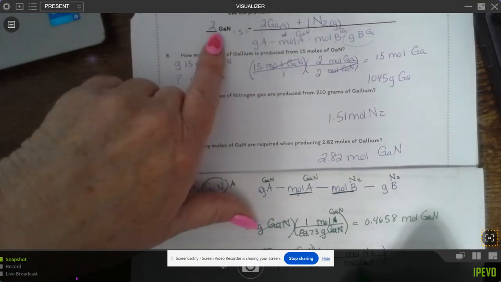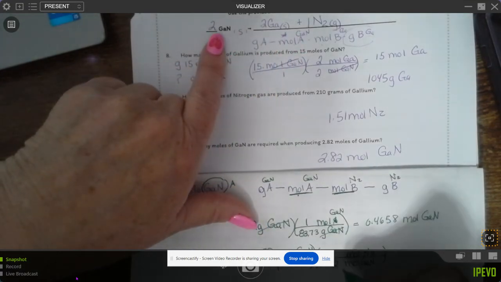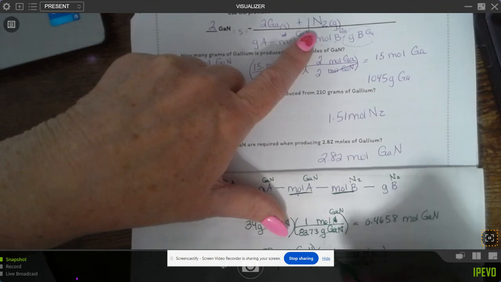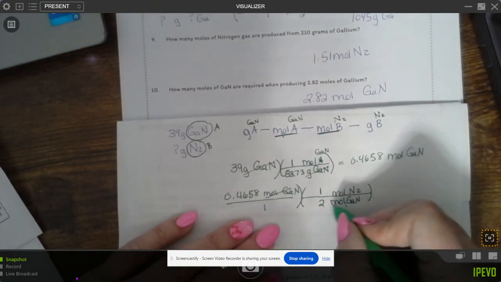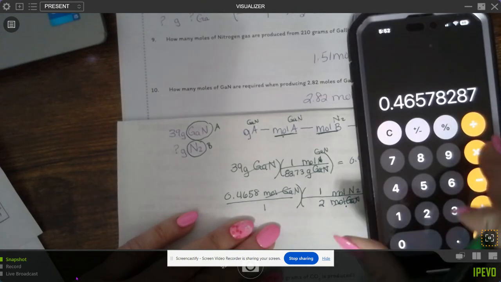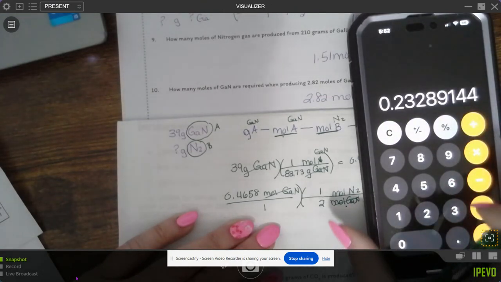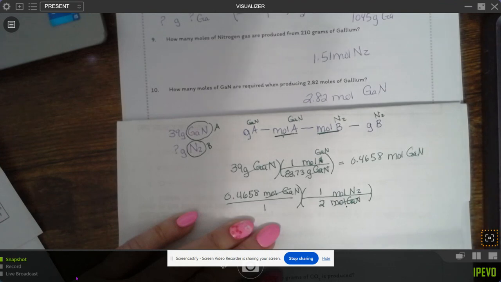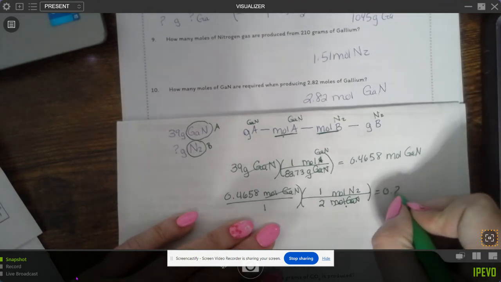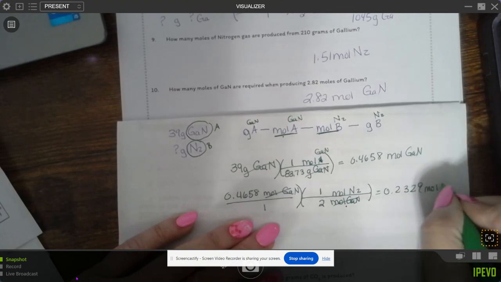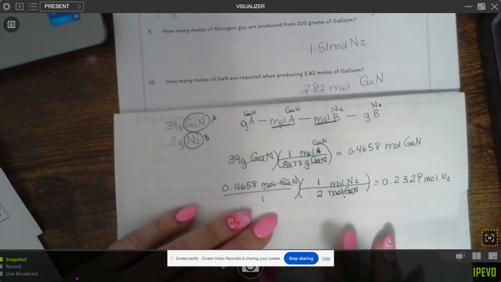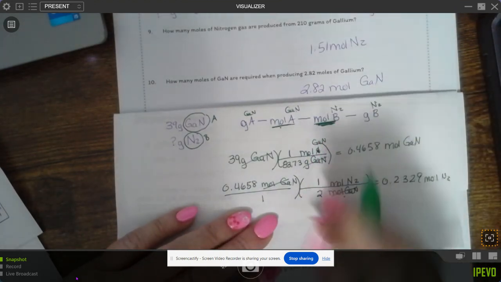So moles of gallium nitride is 2, and moles of nitrogen is 1. Moles of gallium nitride cancel out. If I do that math, I get 0.2329 moles of N2.